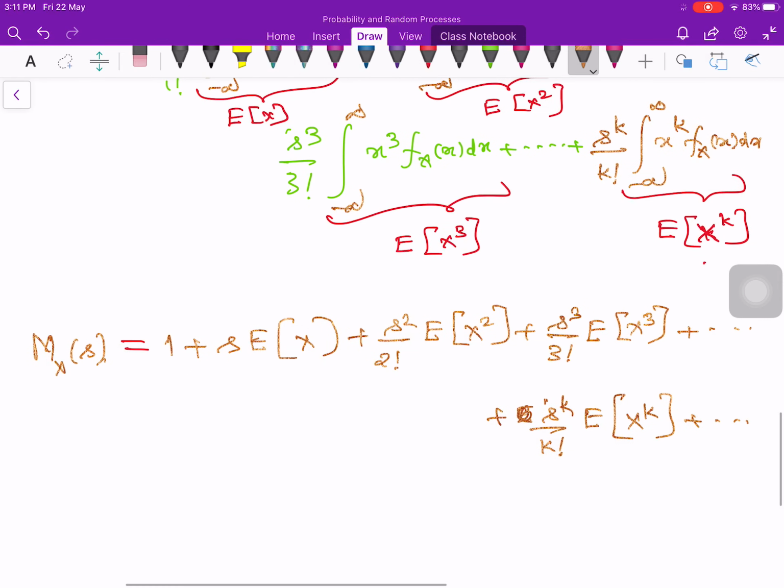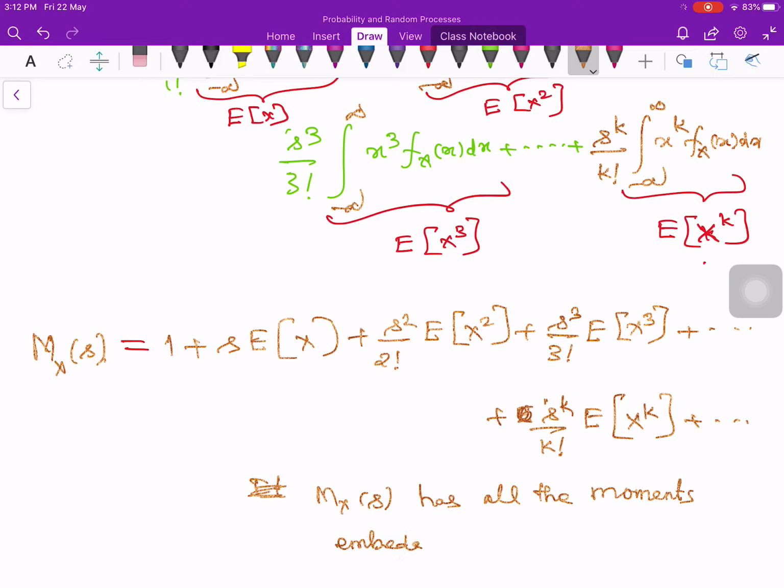The interesting thing is that the characteristic function has all the moments embedded in it. See, M_X(s) has all the moments embedded in it.